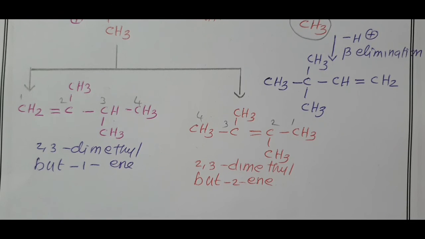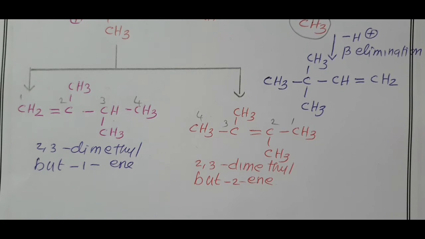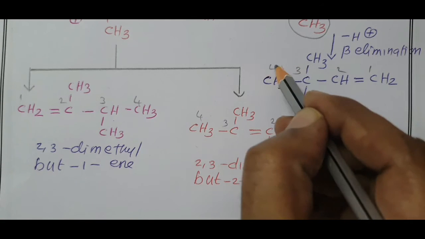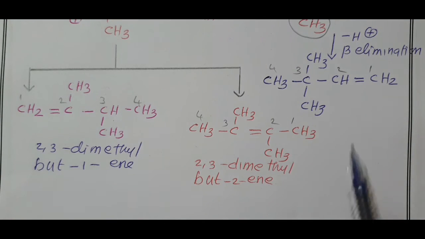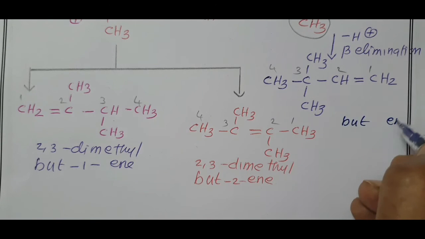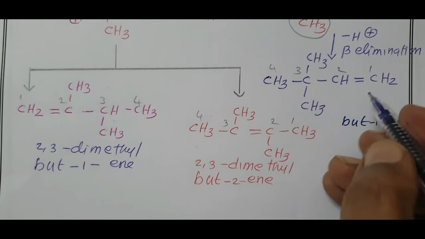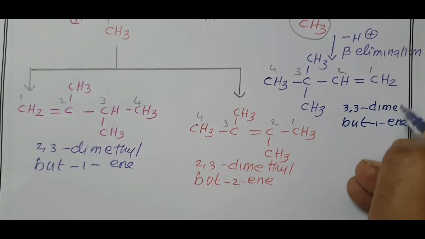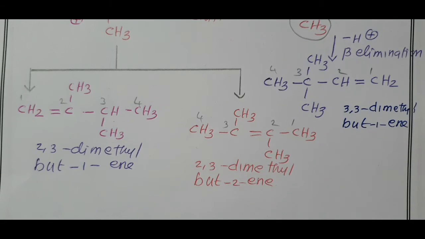What is the name of the last alkene? When you give numbering 1, 2, 3, 4, same 4-carbon butane, double bond in position 1, third carbon contains 2 methyl groups: 3,3-dimethylbut-1-ene.